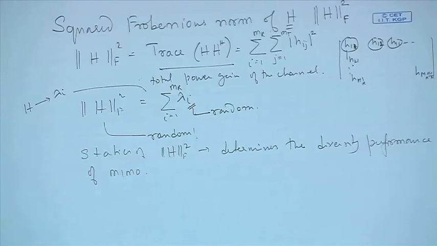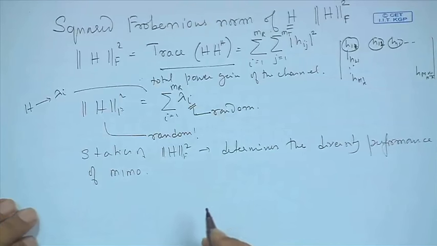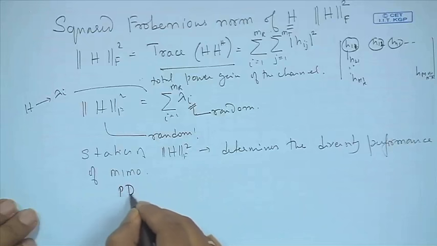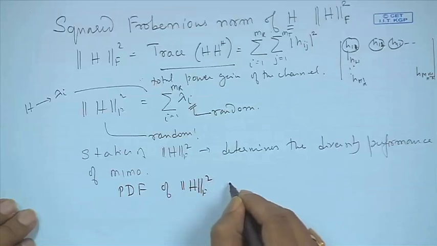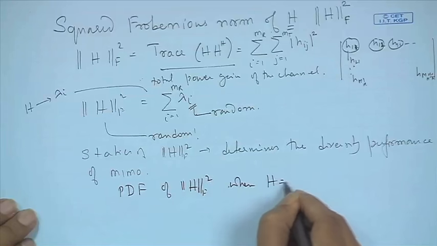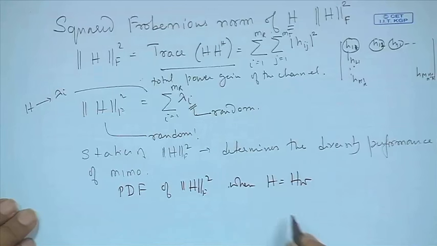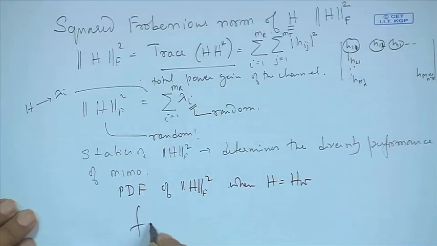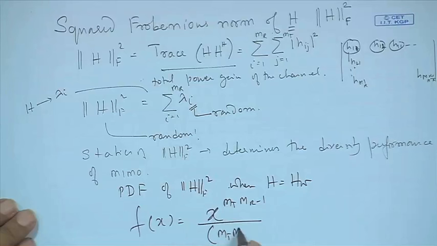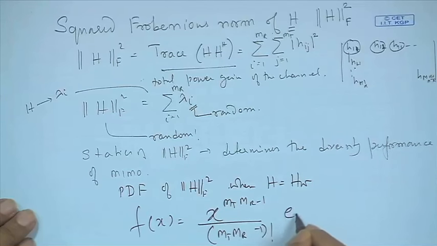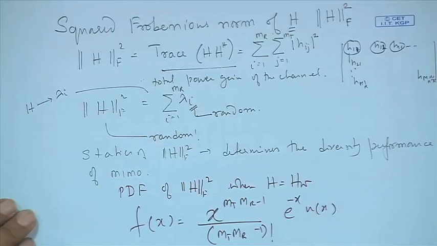This is a very important random variable, and if you take the PDF of the squared Frobenius norm when H is equal to HW, so we are taking the spatially white channel, we could write f(x) as x raised to the power of mt mr minus 1 divided by (mt mr minus 1) factorial, e to the power of minus x, u(x).